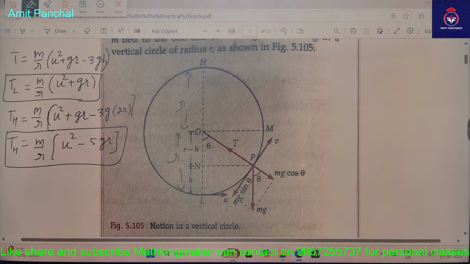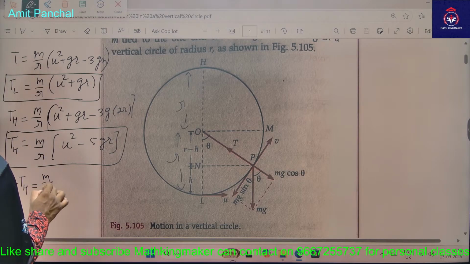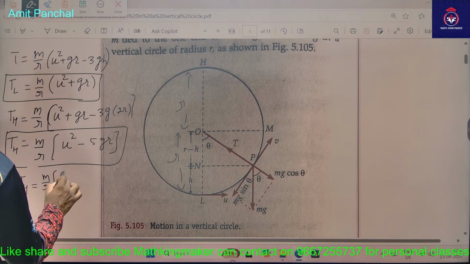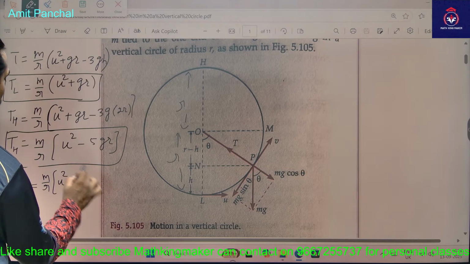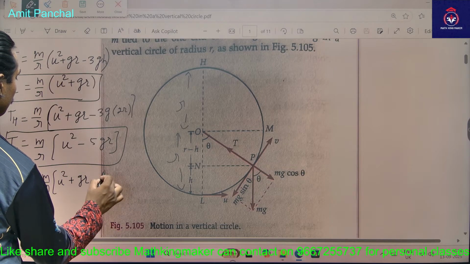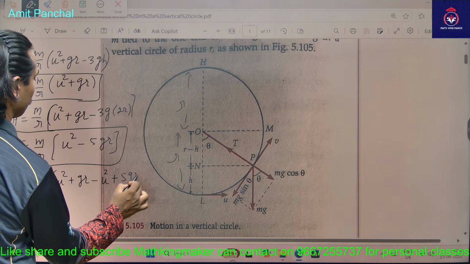How much will be the difference, TL minus TH? Questions are asked based upon this. TL minus TH is m by r common, (u square plus gr) minus (u square minus 5gr).